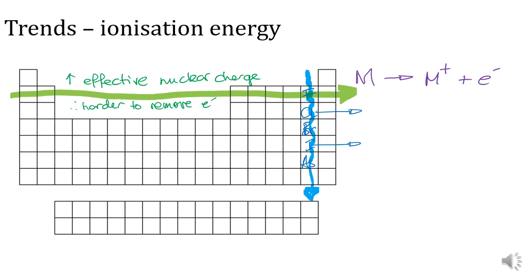That's because, thinking back to our previous slides, the outer shell of an iodine atom is far further away from the nucleus than in chlorine. So it's easier to remove that electron because the positive charge of the nucleus is more distant.